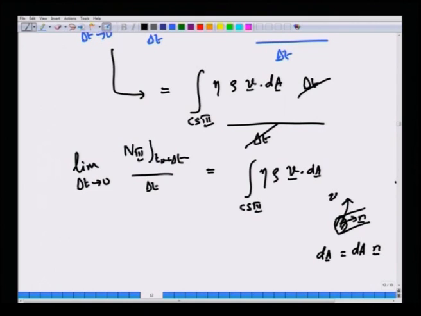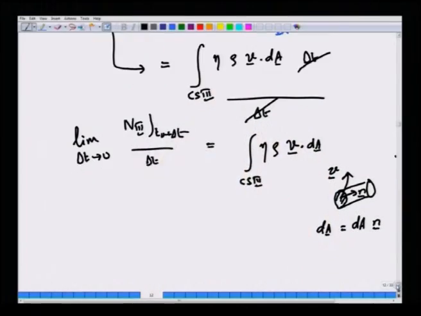If the velocity is like this, the volume that is created per unit time, the volumetric flow rate, is v dot dA. Times rho gives you the mass that is flowing per unit time, and times eta gives you the rate at which a quantity like mass, momentum or energy is changing per unit time by virtue of the motion of the fluid out of the CV. This is essentially the physical interpretation of this term.